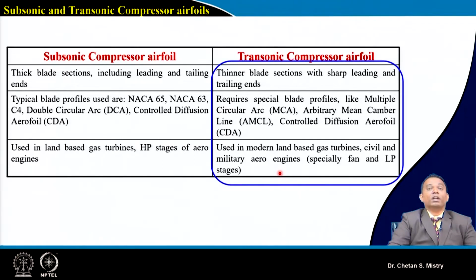So, our major focus is why these aerofoils are thinner, and why we look for a sharp leading edge and trailing edge. Why do we look for special kinds of aerofoils, though we already have the C4 aerofoil or NACA 65 aerofoil? We have different configurations here and there are special applications.